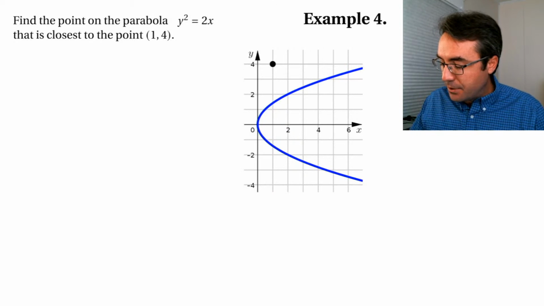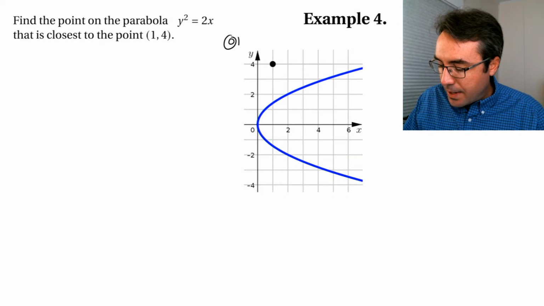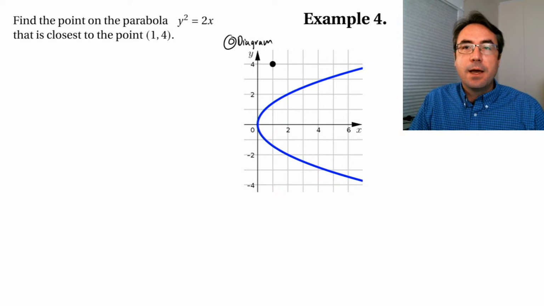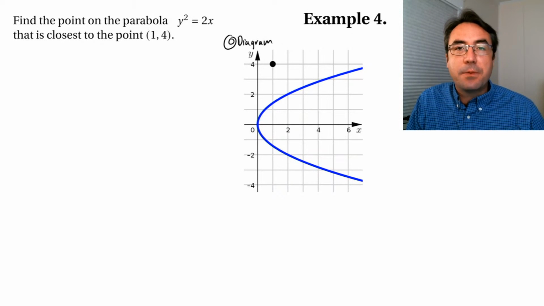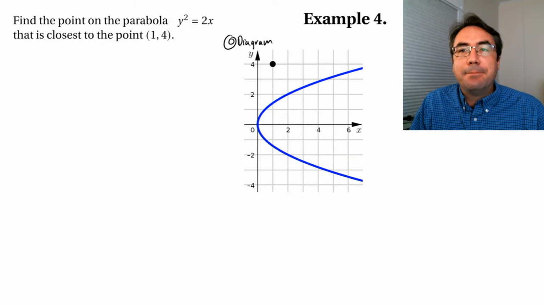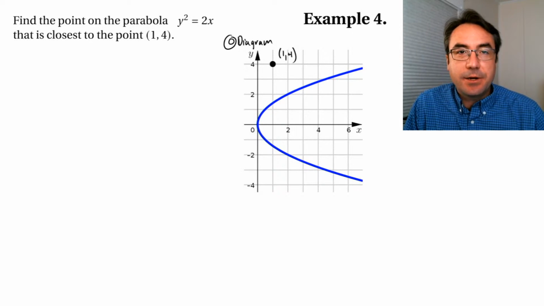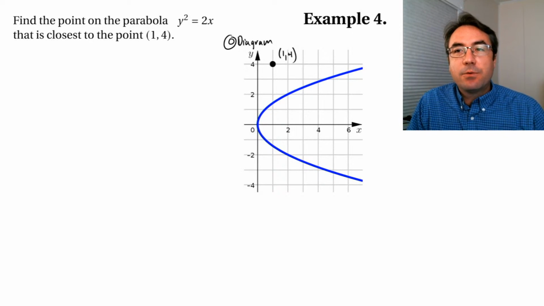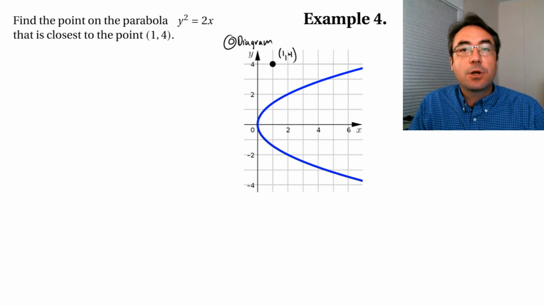So our first step here has already been done. We have our diagram already drawn out. But if it wasn't there, you'd have to draw the parabola and plot the point for yourself. So we have the point 1 comma 4. And what we're interested in here is figuring out which point on that parabola is closest to the point 1 comma 4.